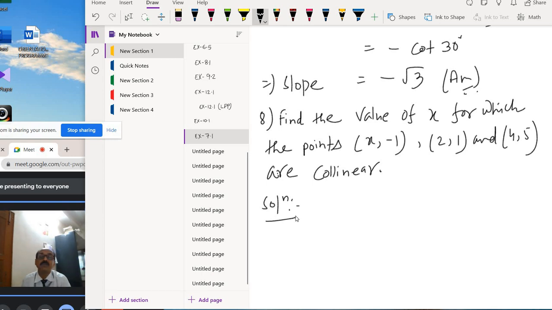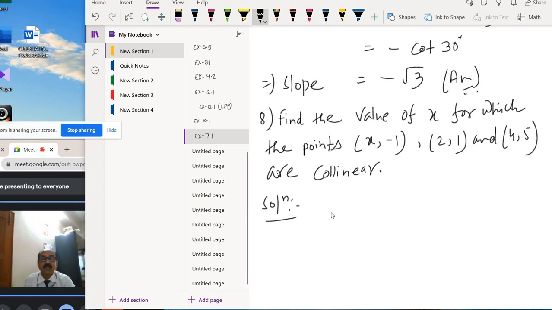So collinear means points on the same line. Same line means the slope will be the same.